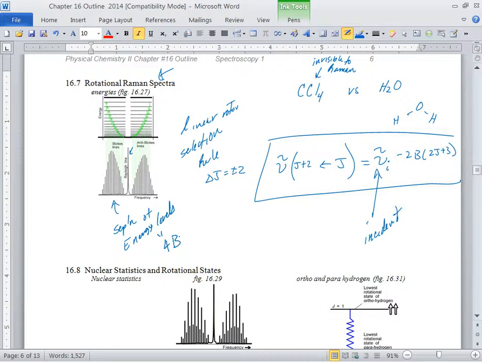And B is what units? Wave numbers. Yep. So I don't know, the book got into this. They're just trying to say, why does Raman have delta J plus or minus 2?